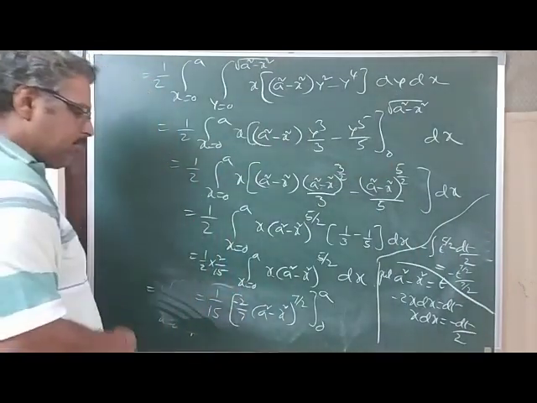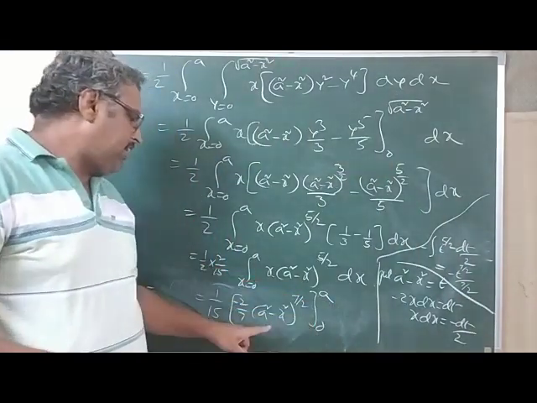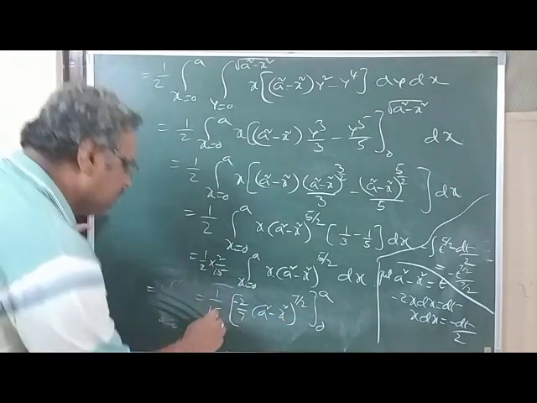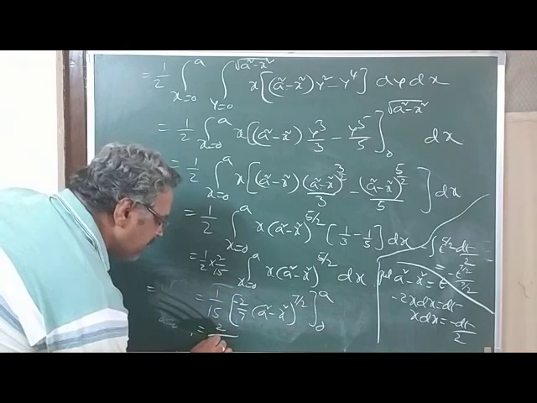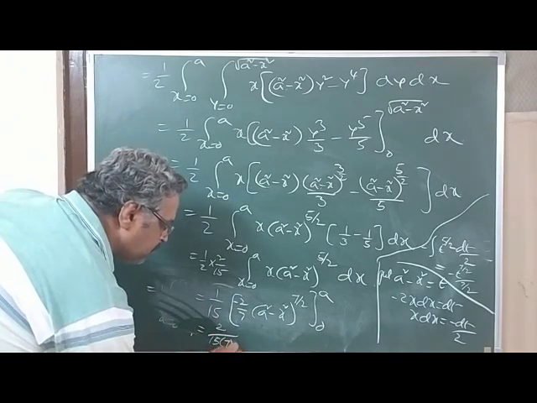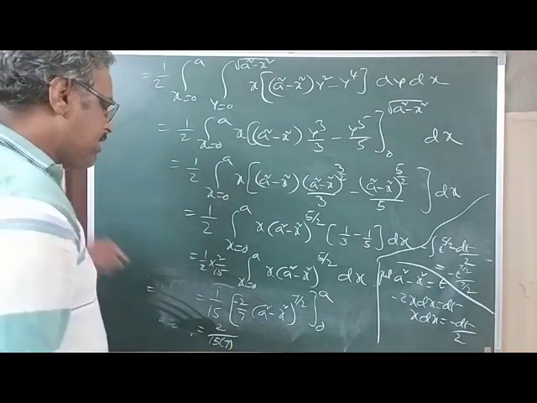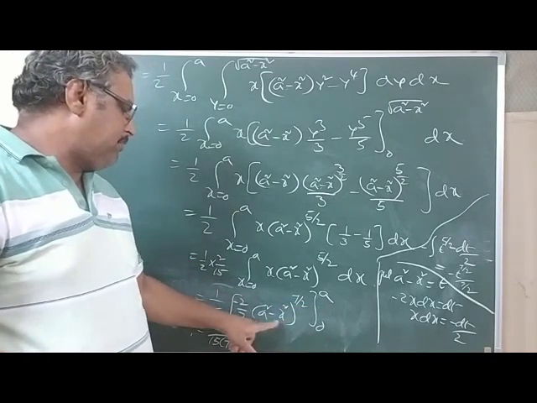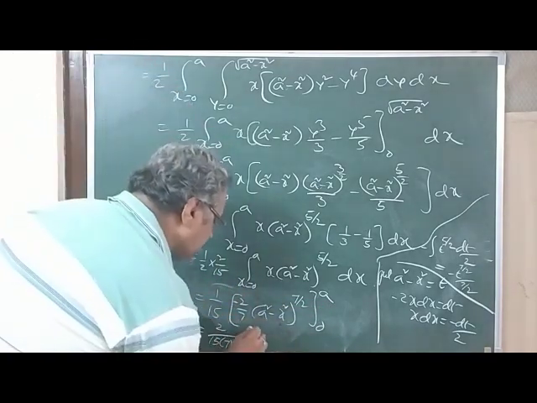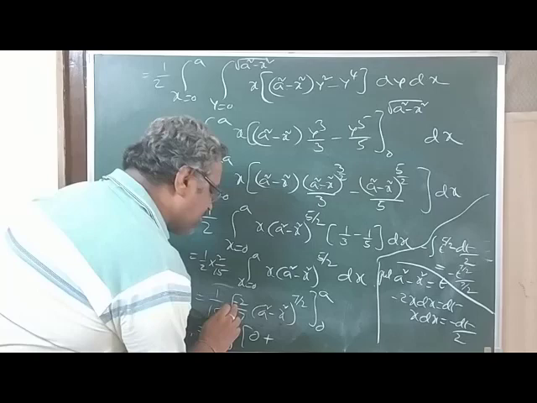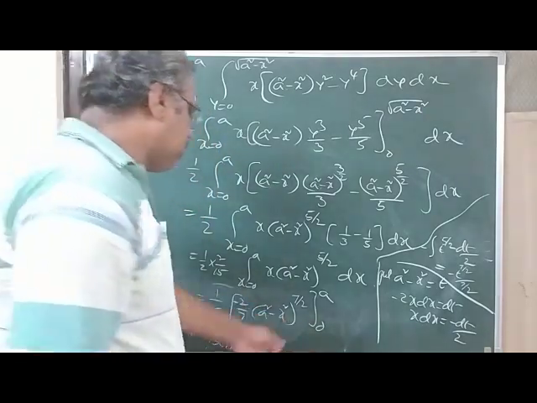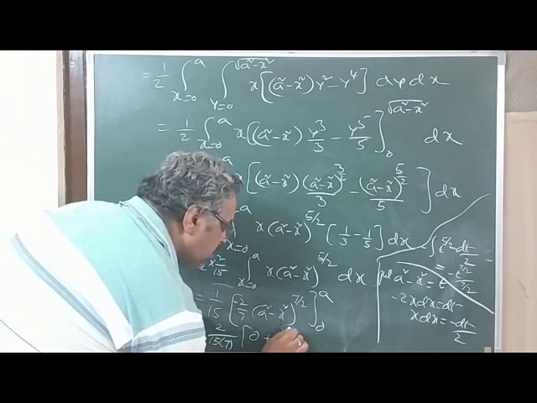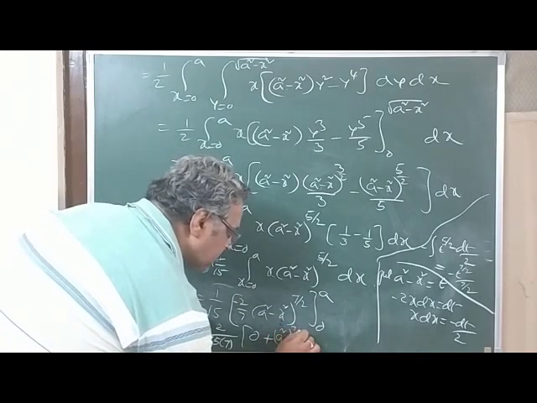Put x equals to a, a square minus a square is 0. Now this is 2 into 15 by 2 by 15 into 7 times of. If you put x equals to 0, a square whole power 7 by 2.